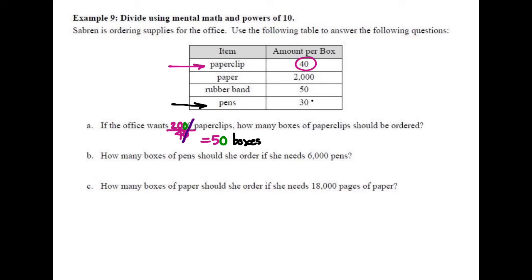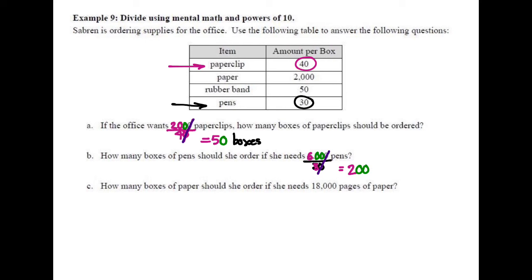Since they come in 30 per box, we're going to divide this by 30. Cancel out some zeros. And we have 6 divided by 3 is 2. And we have a couple zeros that we didn't use. So, 200.